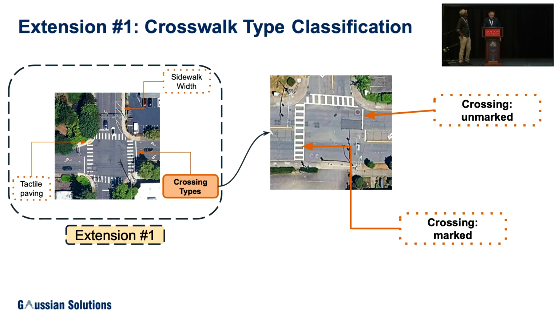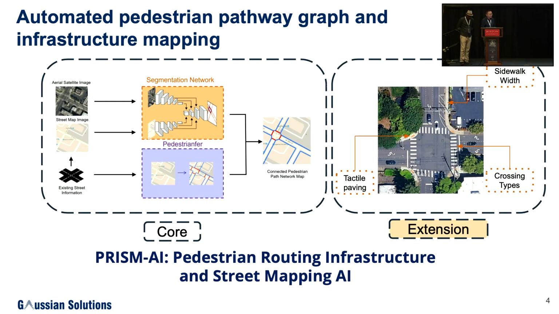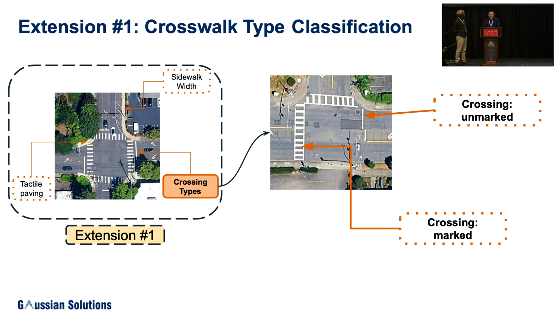Okay. So we have three extensions that we developed on top of our core system, the automated mapping system. The first one is extension number 1, which is the crossing type classification. The goal here is that for each line string that's tagged as crossing on OSM, either generated from our automated pipeline or already entered onto OSM by other mappers, we want to tag it as marked or unmarked, and then for marked crossings, we would like to further divide it into what type it is.